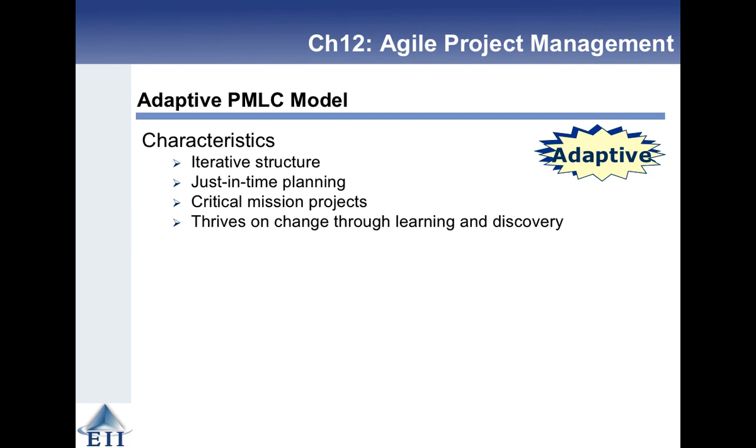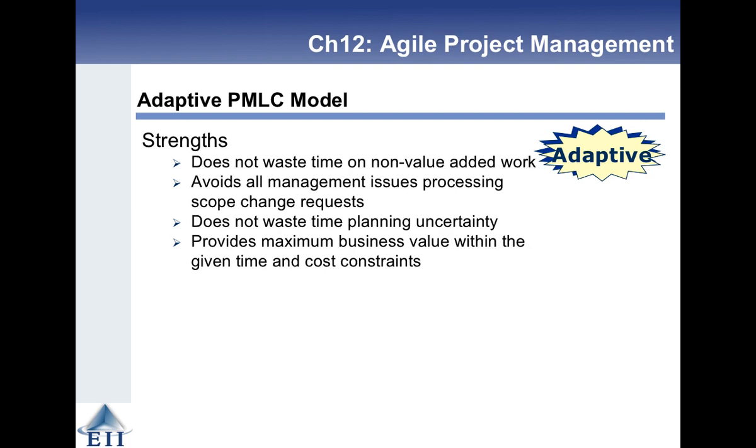So the characteristics of the adaptive product management lifecycle model: it's iterative in structure. We do just-in-time planning. We don't plan the whole thing, we just do it for the next iteration. It's for, I think that should say, mission-critical projects, and it thrives on change through learning and discovery. Its strengths: we don't waste time on non-value-added work.